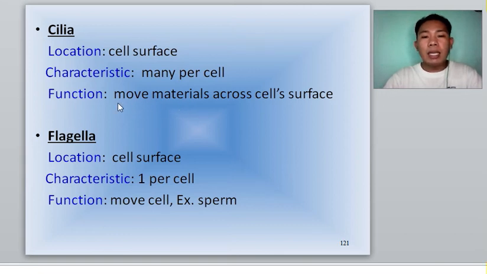Usually, ciliated cells are located in our respiratory system. Another, we have flagella, which has one flagellum per cell, and its function is to propel the cell, like for example the flagella present in the sperm of organisms.